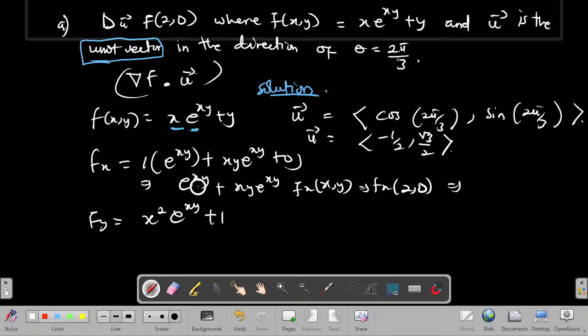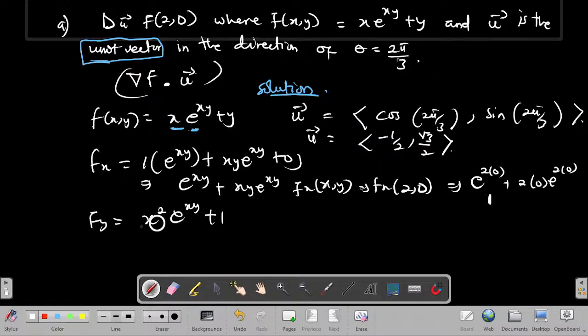Wherever I see x, I put 2. Wherever I see y, I put 0. I'll get e to the power 2 times 0, plus 2 times 0 times e to the power 2 times 0. Obviously, this is 1. Then this goes to 0 because 0 is multiplying the entire thing. So this gives me 1, right? Good.